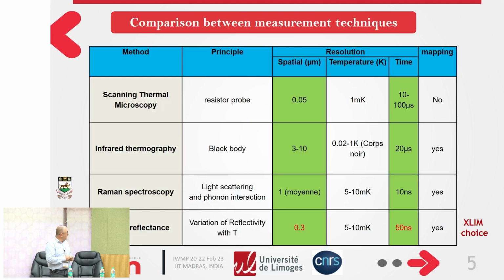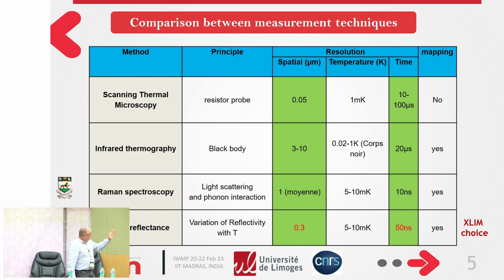I have summarized in this table the main methods of measurement: scanning thermal microscopy, infrared, Raman spectroscopy, and thermoreflectance. You can see that the spatial resolution is very good for scanning thermal microscopy and also very good for thermoreflectance, because you can obtain a pitch of less than 1 micrometer.